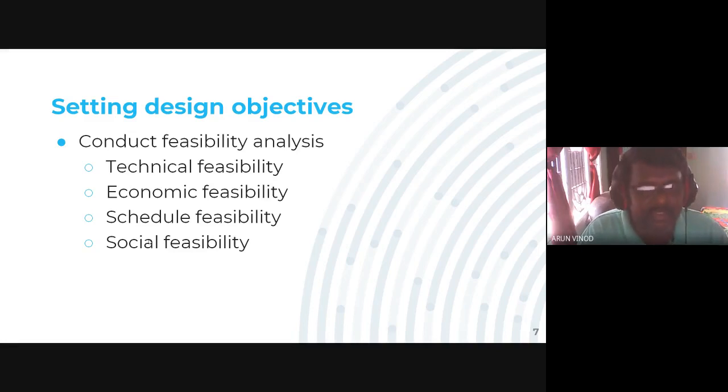A simple example is the hologram-based design I told you about: whether the person has the knowledge to design the hologram. So technical feasibility is whether technical people are there or not.